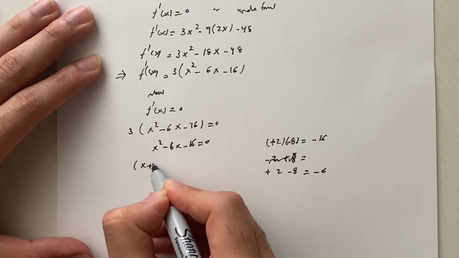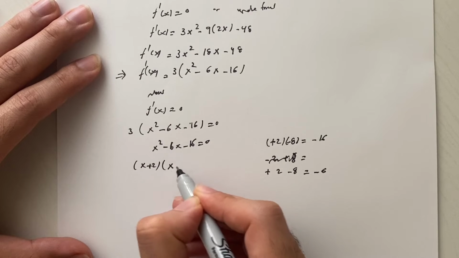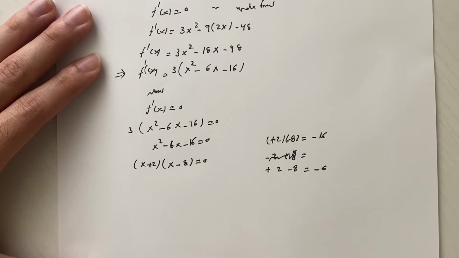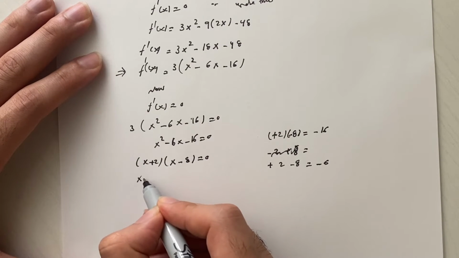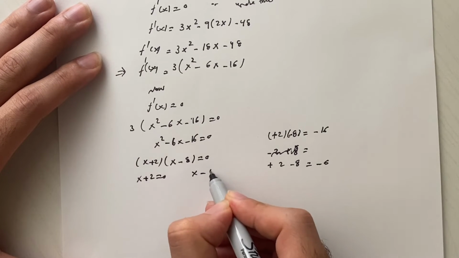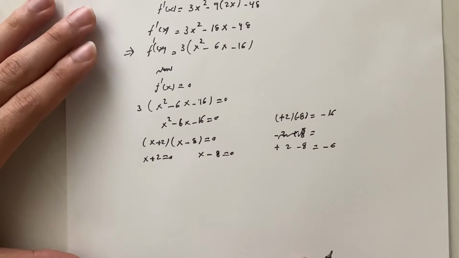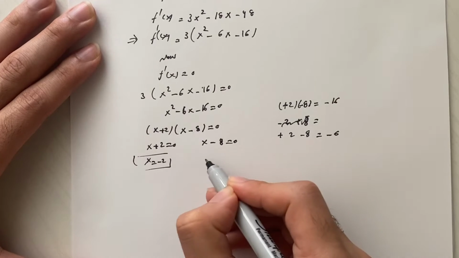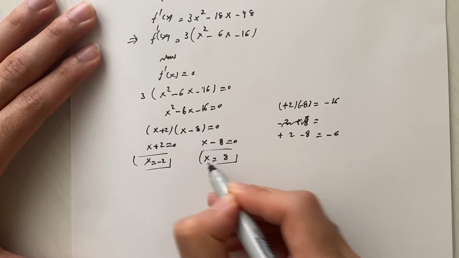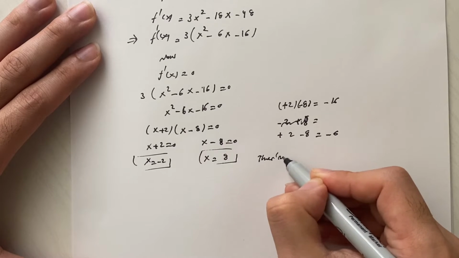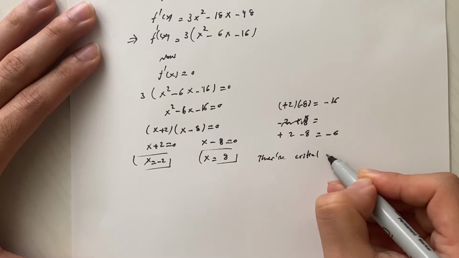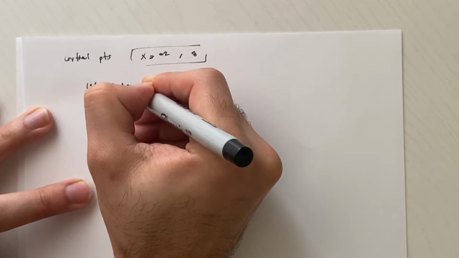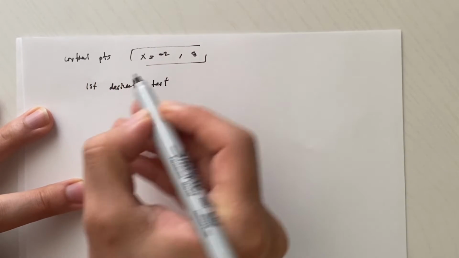So it's x plus 2 and x minus 8 equal to 0. Now we have x plus 2 equal to 0 and x minus 8 equal to 0. In the case of x plus 2 equal to 0, x is minus 2, and in the case of x minus 8 equal to 0, we have x equal to 8. These are our critical points. Again, our critical points are minus 2 and 8.